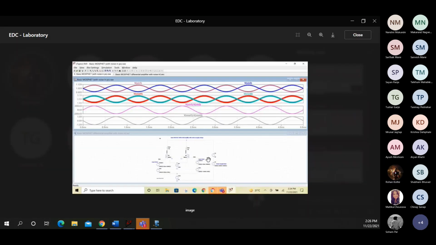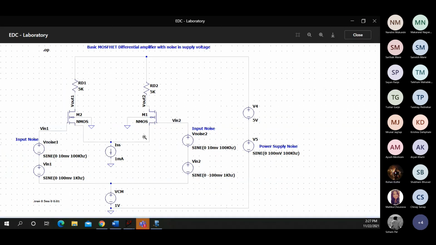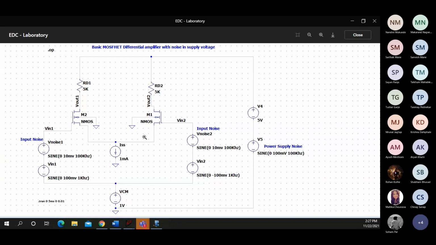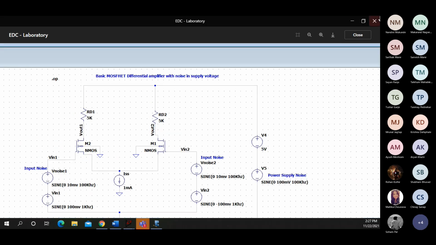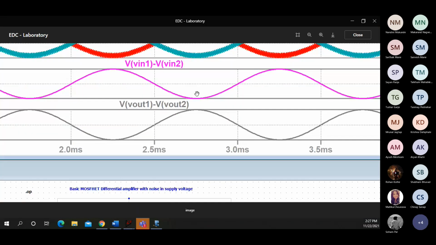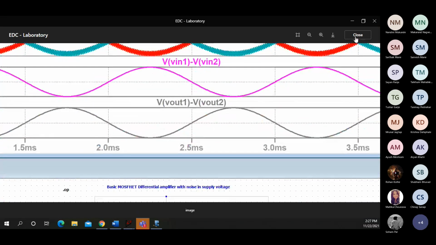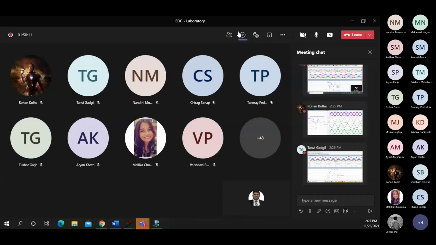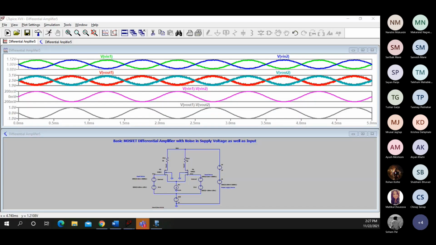Thank you. Okay, Tanvi, this output is correct. Good. So now you all are making fewer mistakes.